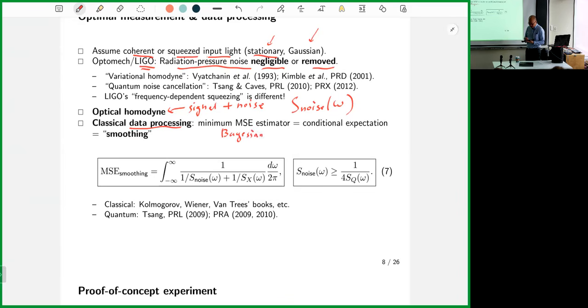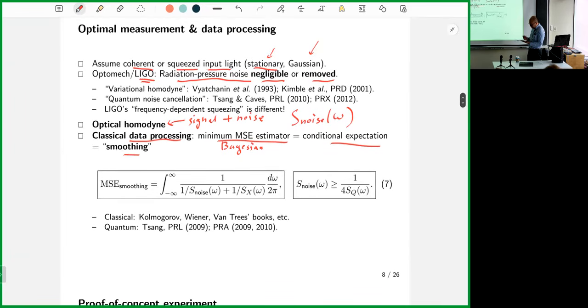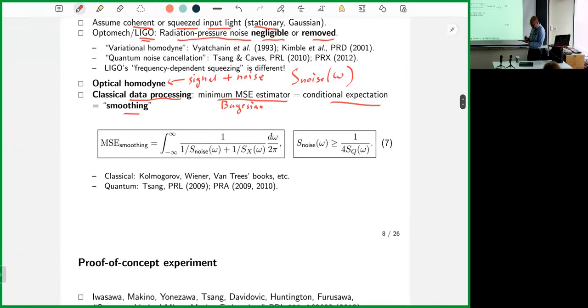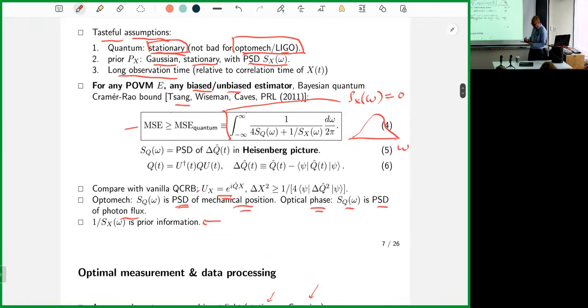So we know that the minimum mean square error is just the conditional expectation. In engineering, this is called smoothing, but it's not so important. The important point is that once you do this conditional expectation, you can calculate what the steady state mean square error of your output is, given by this expression. It looks very similar to this expression here for the quantum bound.